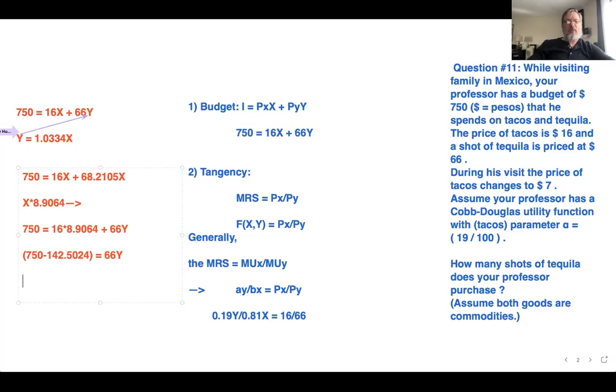And I get, yeah, 9.20. Yay. So y star is equal to 607.49 divided by 66, which is equal to 9.20.